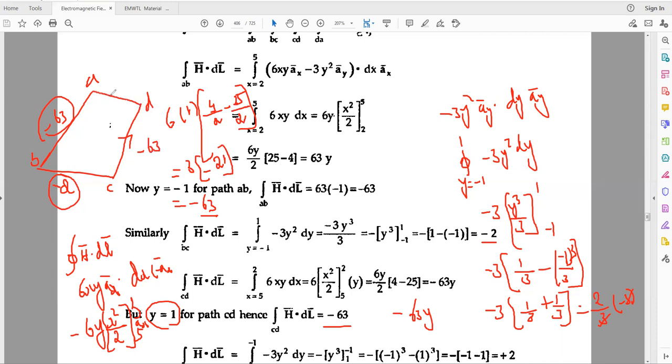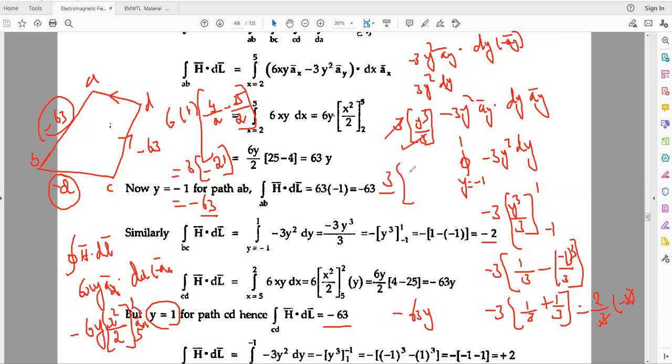And D to A is in the y direction. So you take minus 3y square a_y bar dot dy into minus a_y bar. Minus into minus is a plus, so it is the integral of 3y square dy, which is y cube by 3, and 3 by 3 get cancelled.